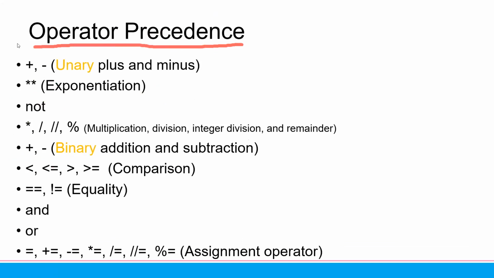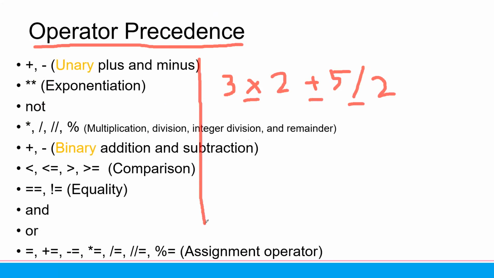So you already know that if we have, for example, 3 multiplied by 2 plus 5 divided by 2, multiply will be first, and then division will be next, and then plus will be the last, because we follow this operator precedence.